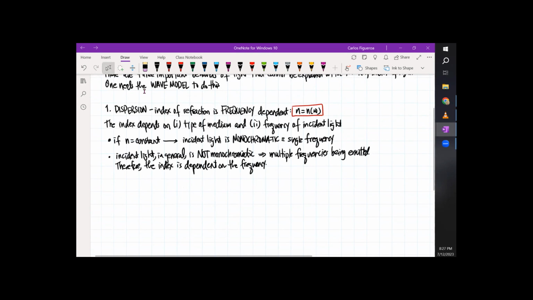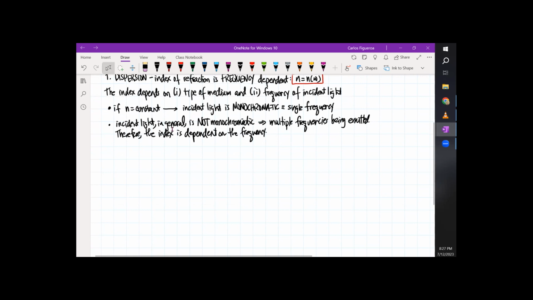So, for example, let me show you a thing here. White light is composed of the visible spectrum in equal amounts.